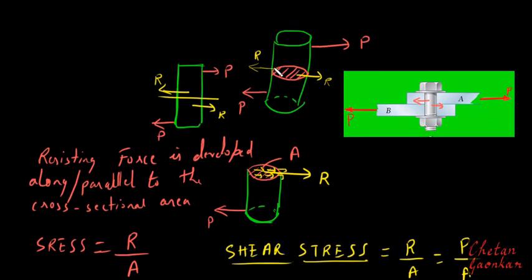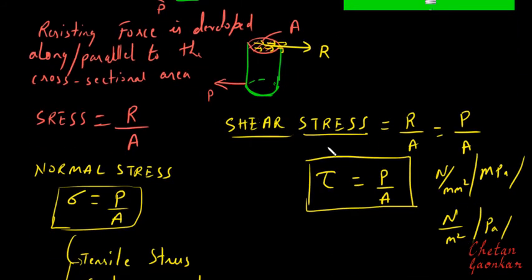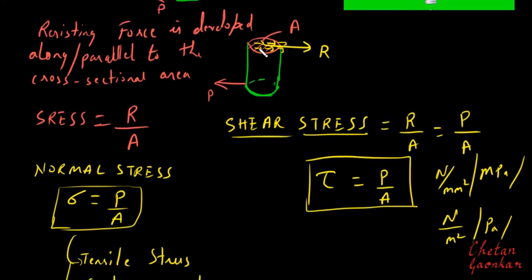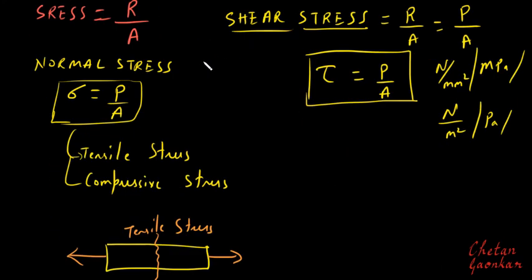Basically here it is trying to shear this material, or shear meaning it is trying to cut this material into two halves, into this half and into this half. So that is why the stresses developed here are called shear stresses, which will resist the shearing of the material. Normal stresses will resist the compression or the extension of the material, but shear stresses are developed to resist the shearing or cutting of the material.